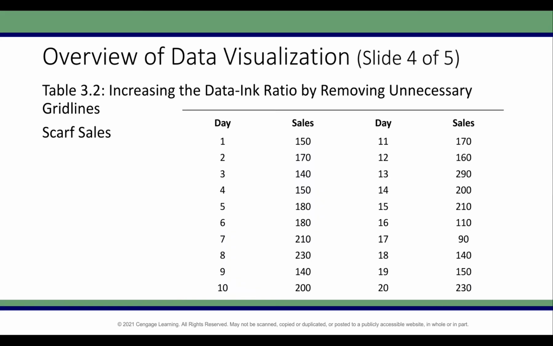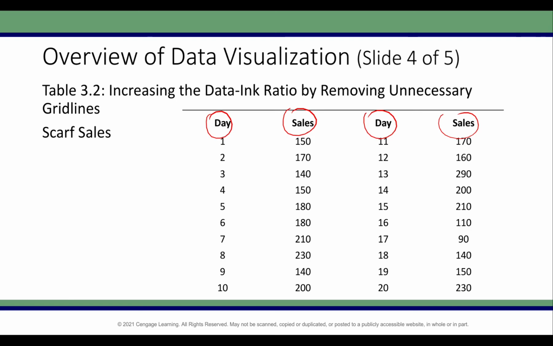Okay, so you see this is an improvement I see here. By removing those horizontal and vertical lines, it's much cleaner now. The data does not need those lines for us to understand what's going on. Still though, I don't really like this day sales and then again day sales. This is okay for this kind of a small data set because there's only 20 rows, and maybe the idea was, okay, let's fit it into this PowerPoint slide, right?